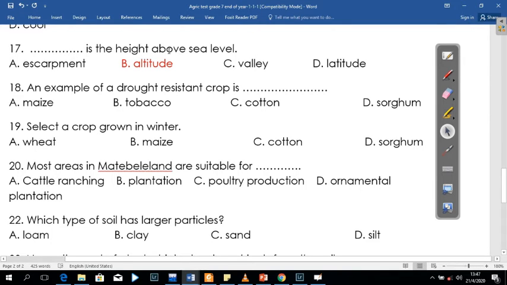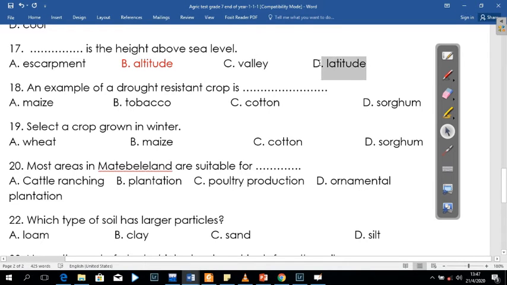But what we didn't talk about, I'm sure, is maybe the escarpment. We didn't talk about escarpment, but we did talk about valleys. I didn't also talk about latitude, but when we were doing landforms, valleys, you now know what valleys are. Latitude, right?